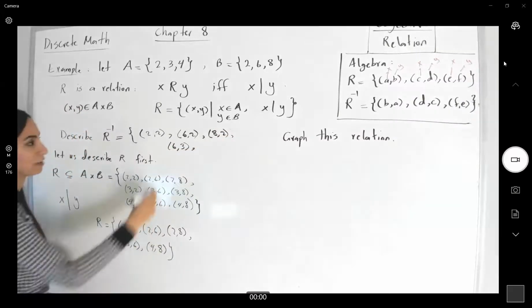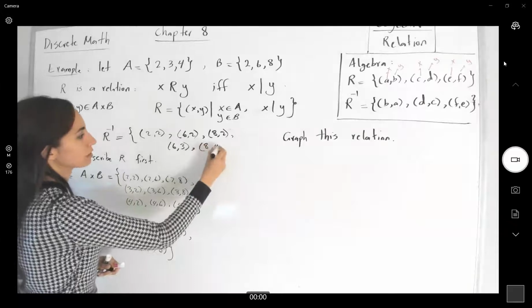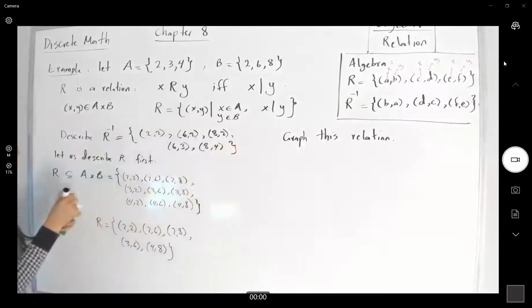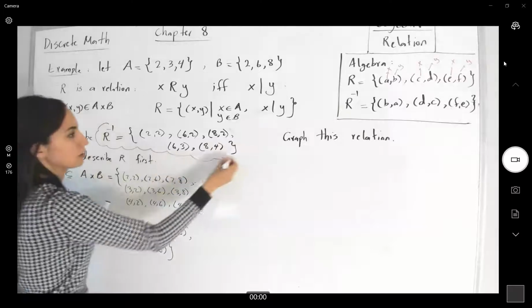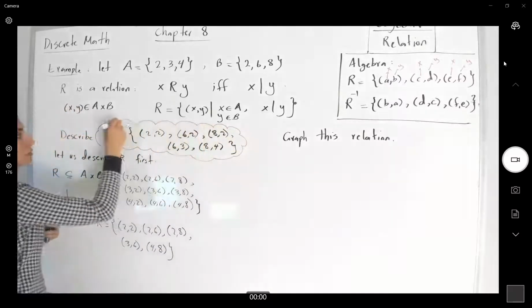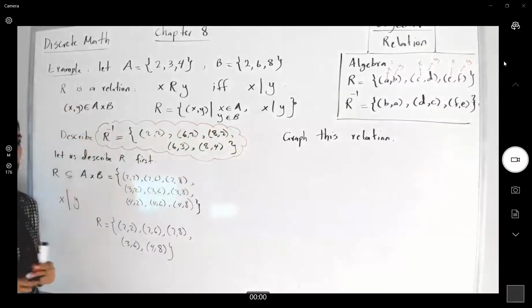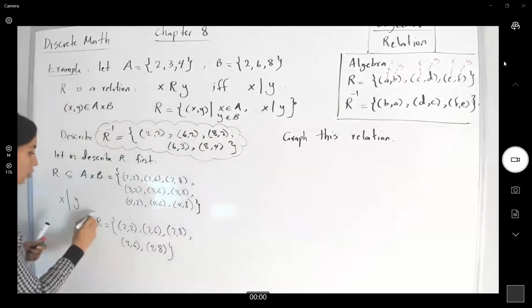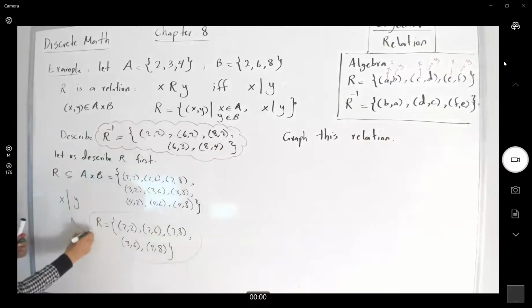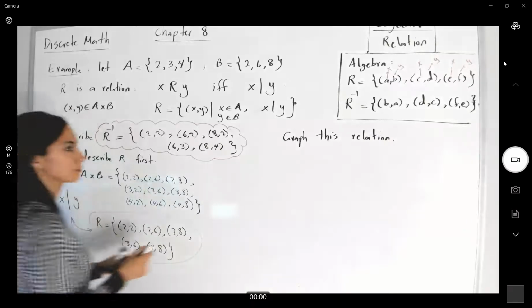Then we have 8 and 4. And that's it. So this is our R inverse. Okay. So note that this is my relation, a collection of points, X divides Y.